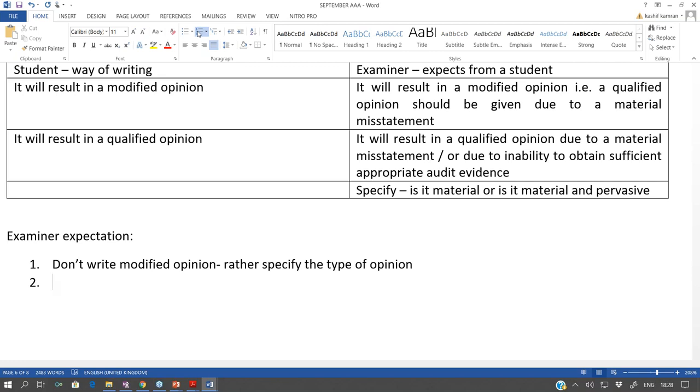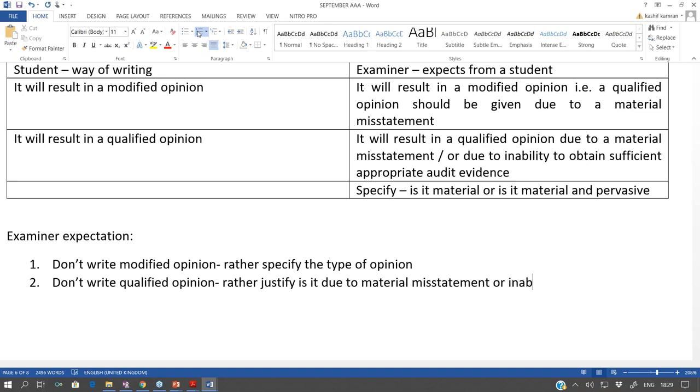Number two, don't write qualified opinion. Rather, justify, is it due to a material misstatement or an inability to obtain evidence? And we need to apply this in the session today. Number three, do you all agree with number two?